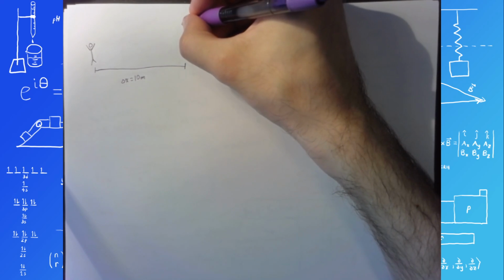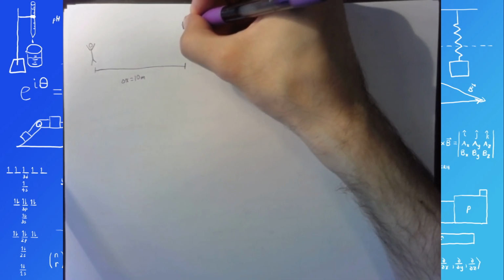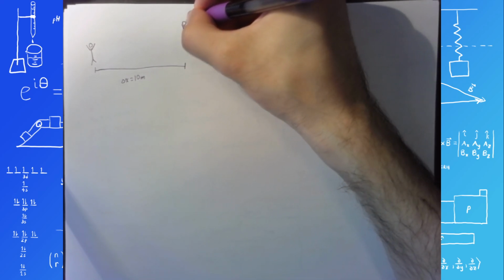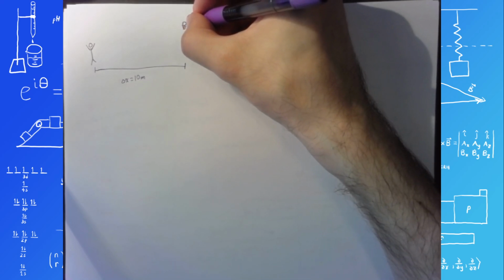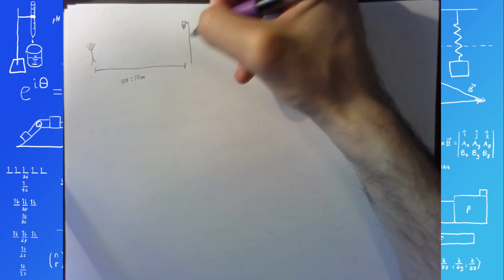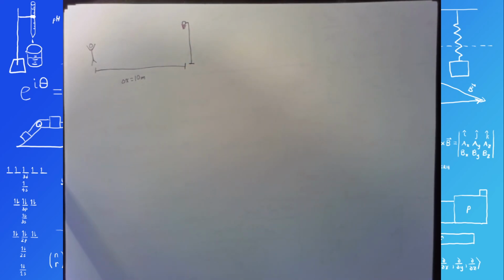So I guess I'll draw the basket over here. Anyway, I'm not going to make it super detailed. I'm not going to draw a full backboard or anything. We'll just draw that and pretend it's a full basketball basket.